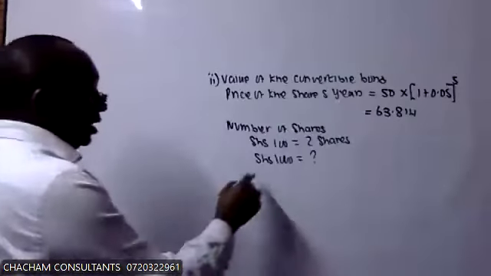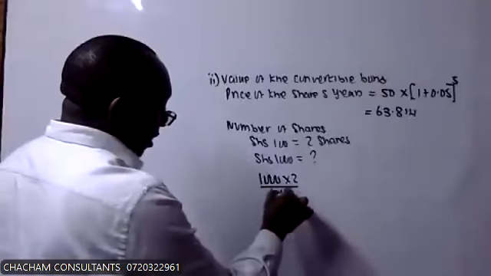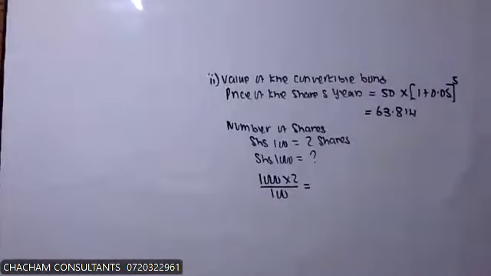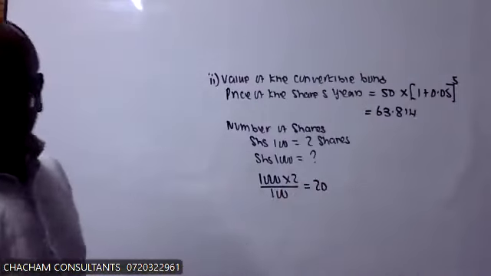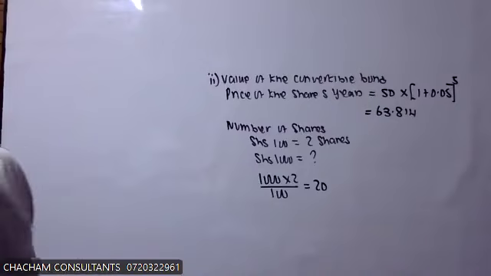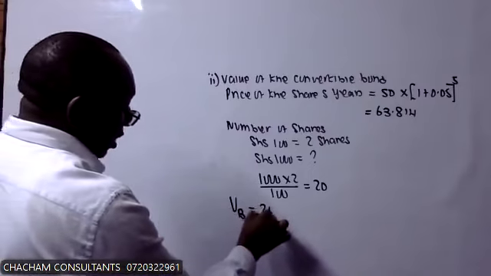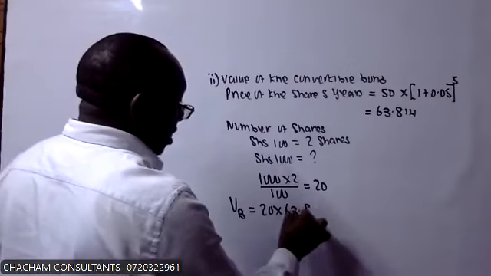So these obviously now will be 1,000 times 2, you divide by 100. That is 20 shares. So the value of the bond should be 20 shares, each at 63.814.